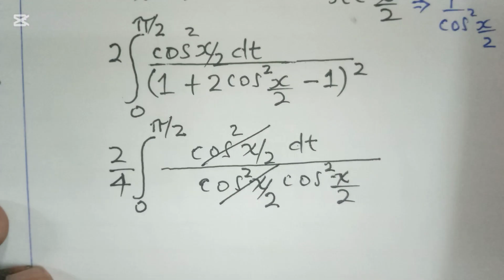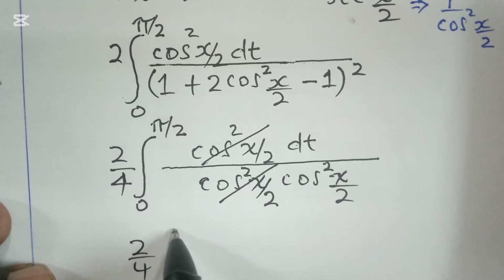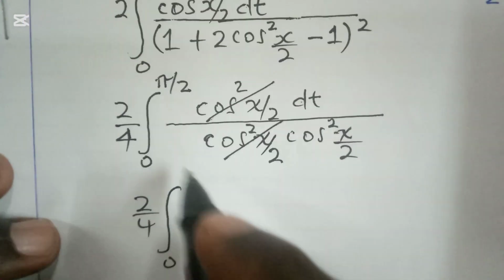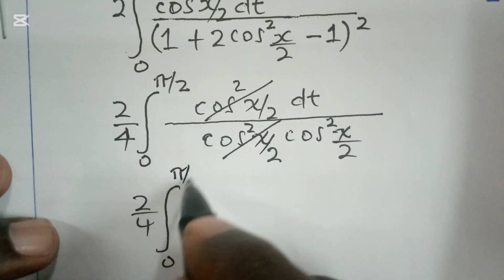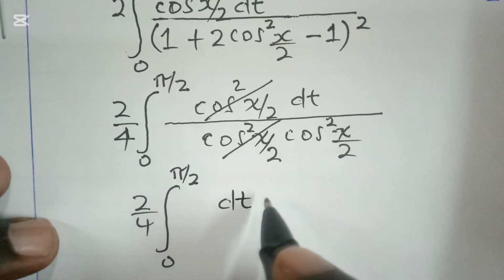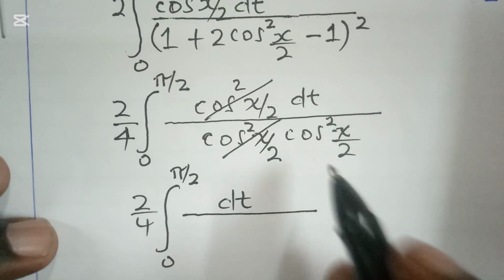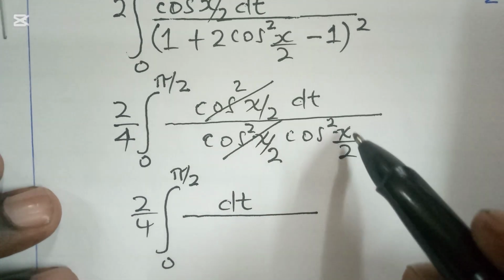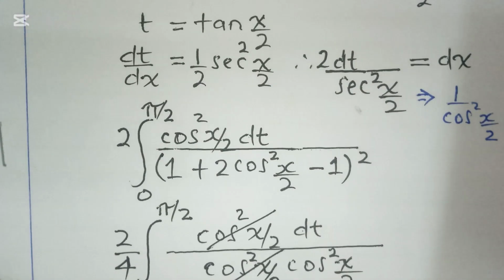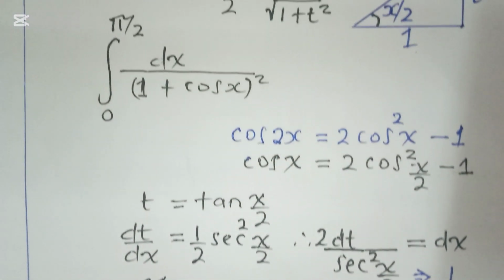So we are left with 2 all over 4, integral from 0 to pi over 2 dt. And then guys, we have cos squared x all over 2. Now guys, we can replace this with what we are having here.